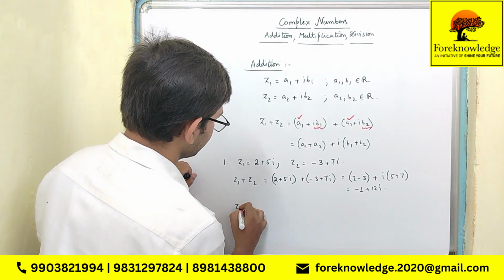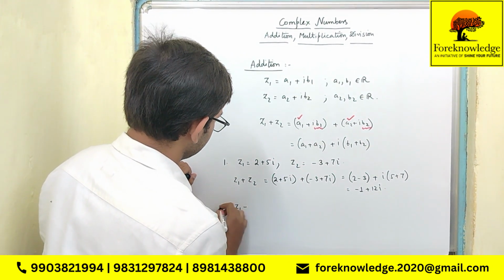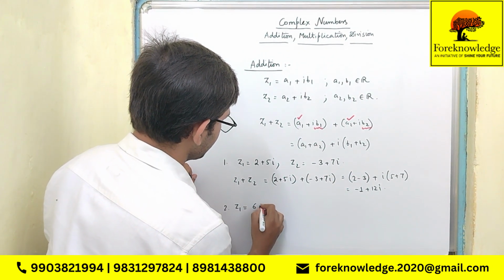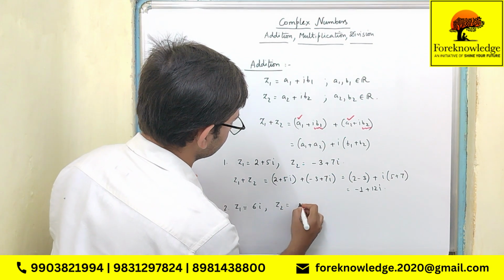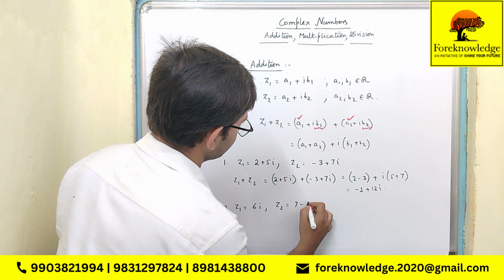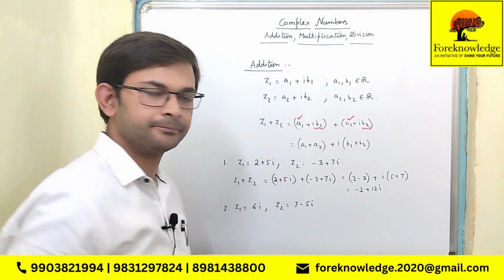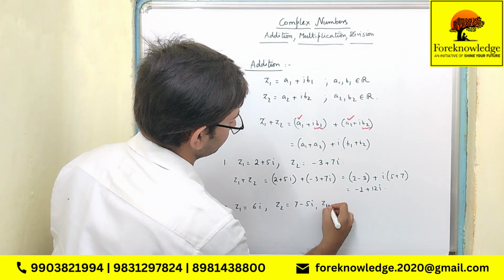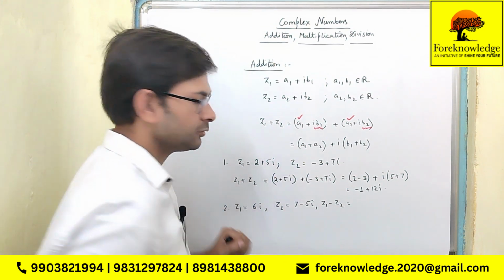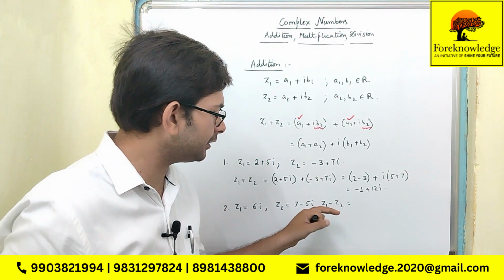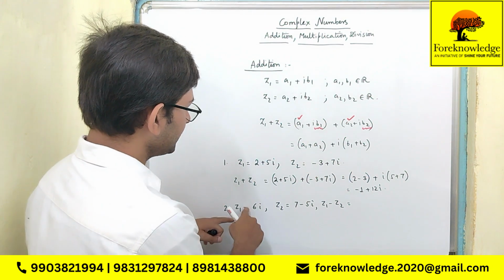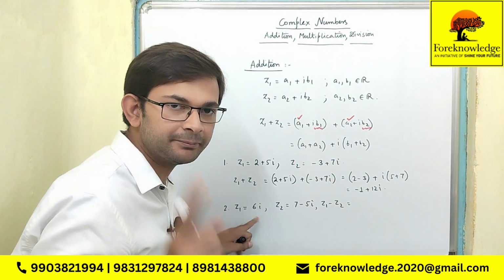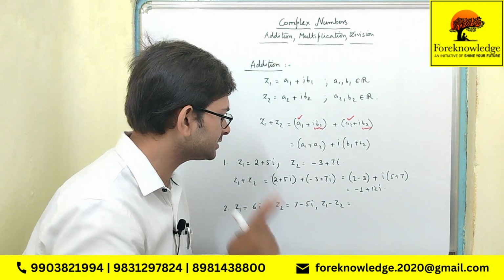Take another one. z1 equal to 6i, z2 equal to 7 minus 5i. We need to perform the subtraction, z1 minus z2. So component wise subtraction. Here there is nothing in the real part of z1, that means the real part is 0.